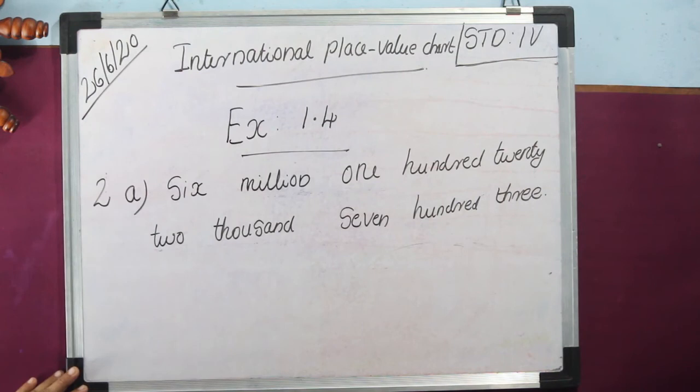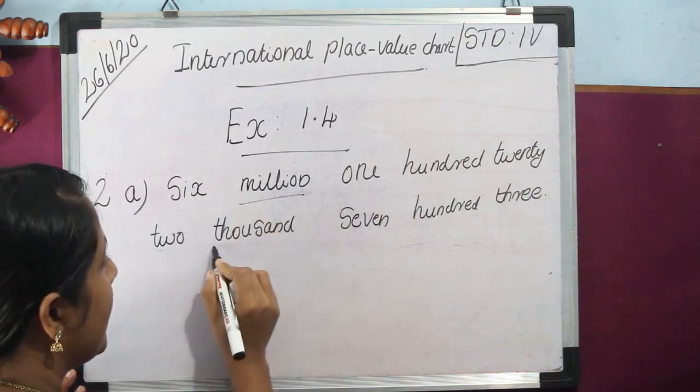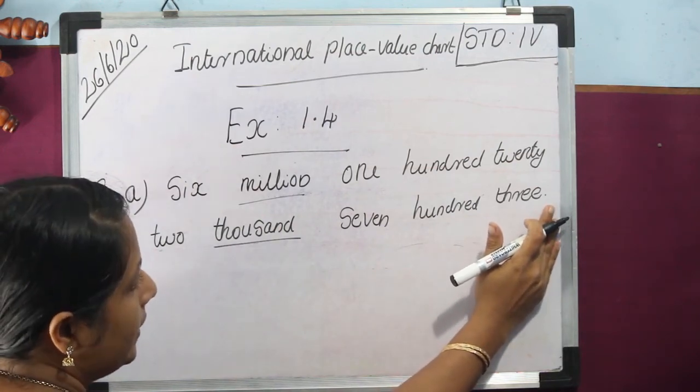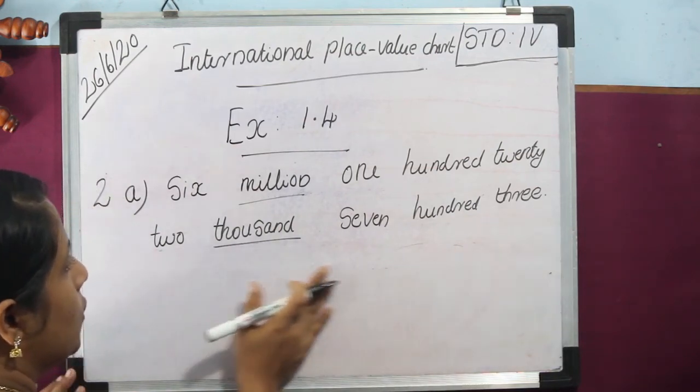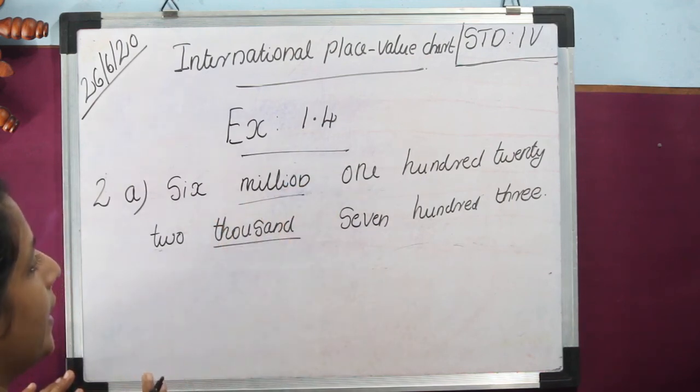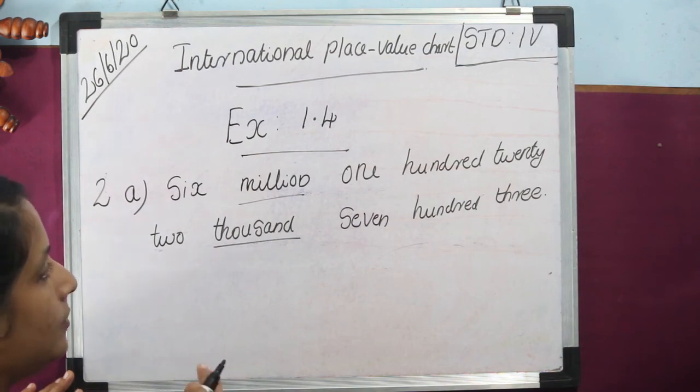Based on the international place value chart, first we identify the periods of them. Here the periods are million and thousand, and there is no need of writing ones because 703 ones are 703. So we write the numbers only, not writing the periods.